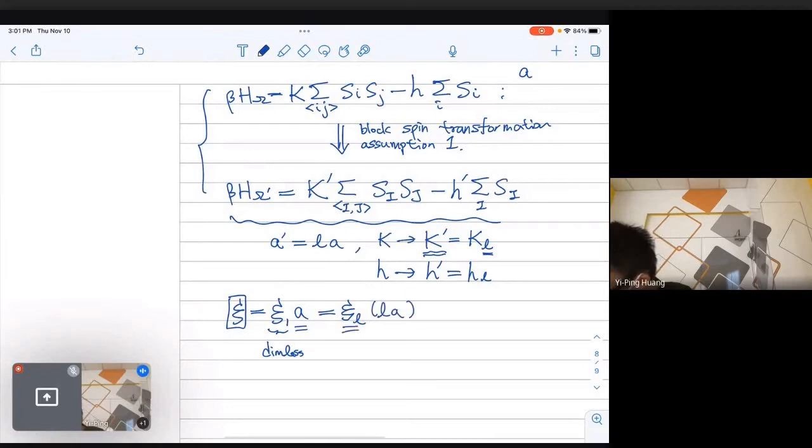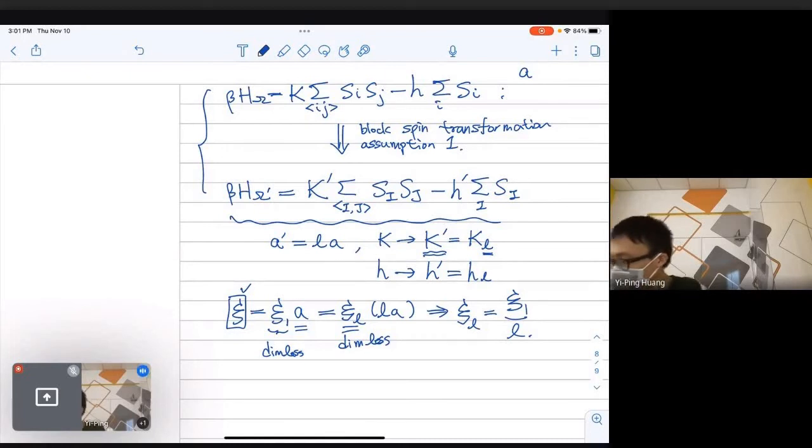So the dimensionless CL for this scale LA will be assigned such that the physical correlation length must be invariant. That leads to the fact that the dimensionless correlation length CL must be equal to C1 divided by L.